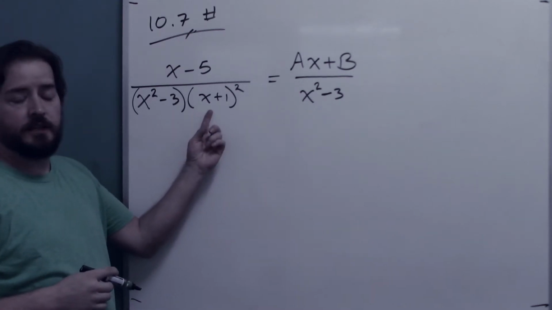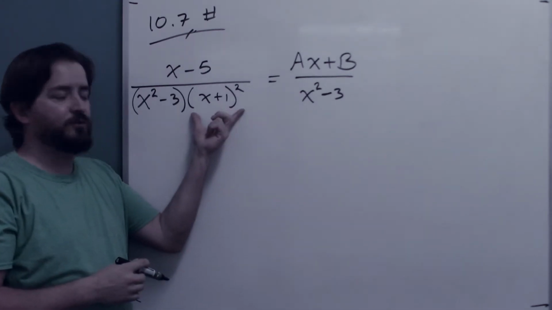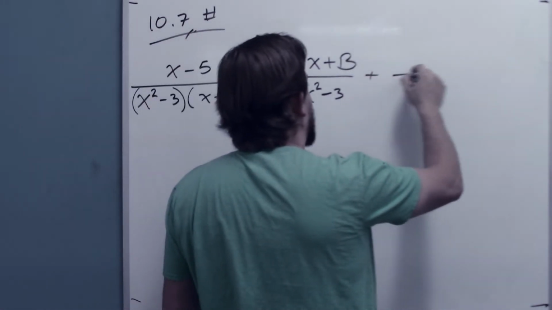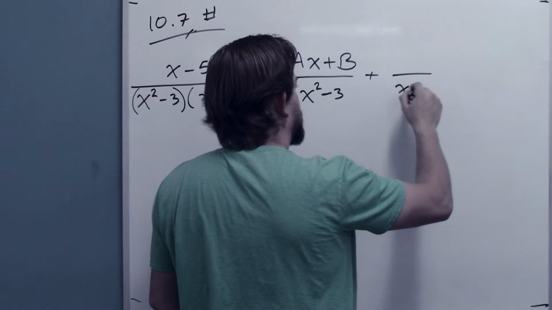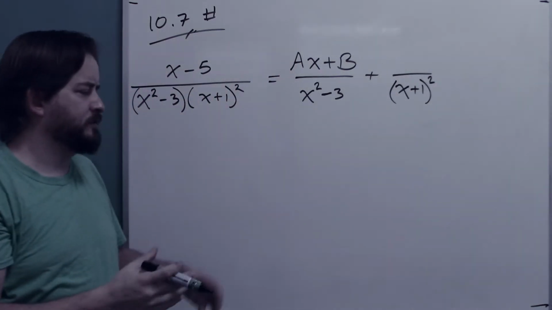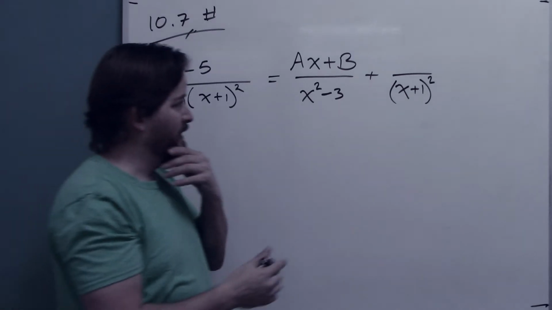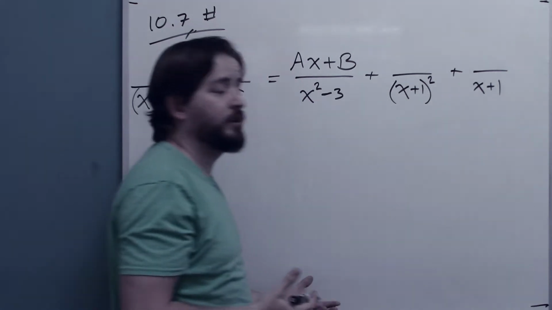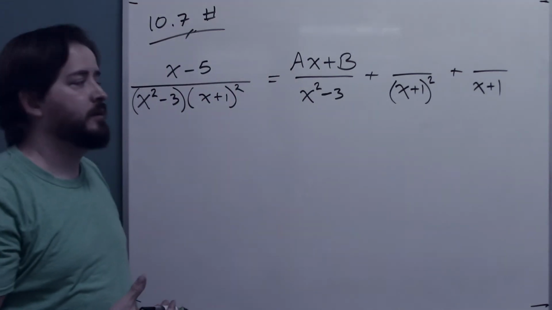The other factor here is x plus 1, but there are two factors, it's x plus 1 squared, and so I have to consider that I might have had an x plus 1 squared in my initial sum of a bunch of fractions, but I might also have had something just over an x plus 1 to the first power, right?